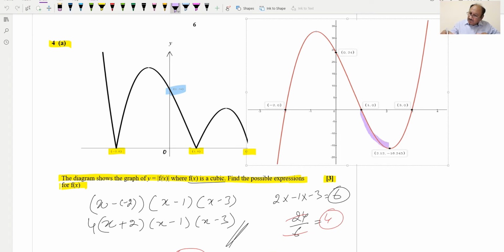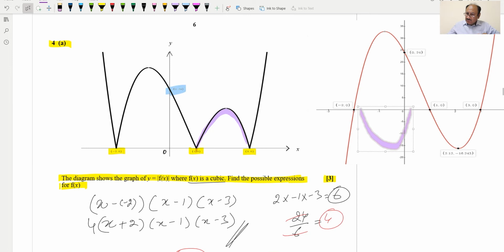The negative portion is this one, which we have shifted to the positive side, which is this. If I move a little more, this is the negative portion which we have shifted to this one, and the second negative portion is this one, which is also shifted like this one.